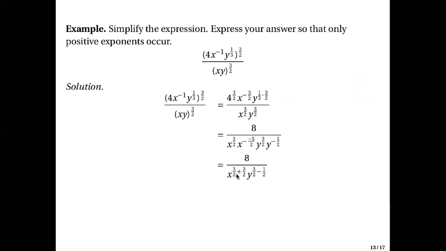And you will get this expression now. Then 3 halves plus 3 halves is 6 halves, so you get 3 as the exponent of x. And 3 halves minus 1 half is 2 halves, or 1, as the exponent of y. Therefore, the final expression will be 8 over x cubed y. Okay?